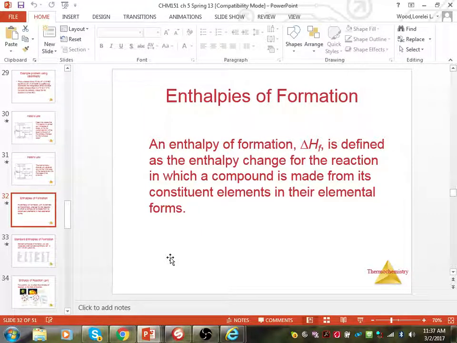All right, if an enthalpy of formation is positive, what does that mean? Did the universe have to put energy in to make that thing, or did the universe get energy out? When it made that thing, if the enthalpy is positive, you had to put energy in. So it cost the universe some energy to make that thing form. And then conversely, if the sign of the enthalpy of formation is negative, what does that mean about when that thing was formed?